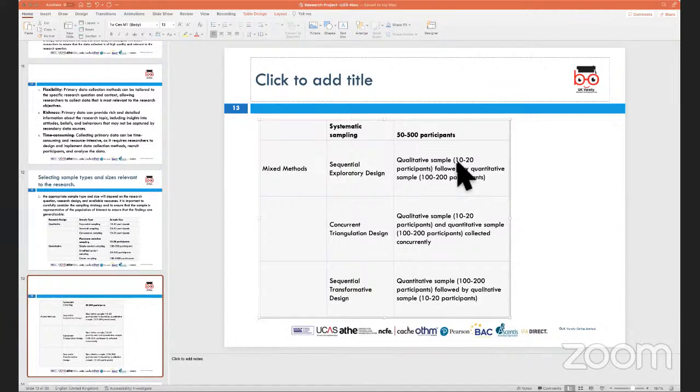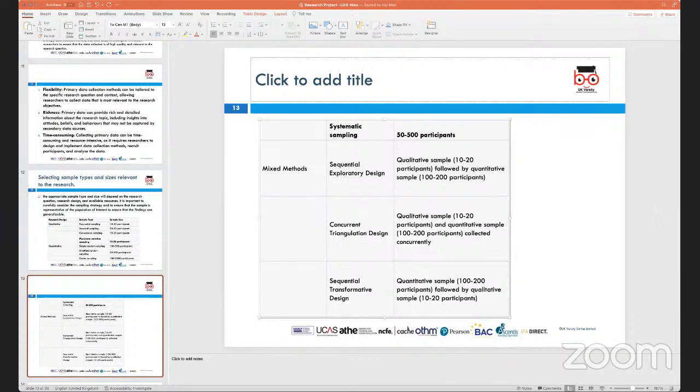That means in order to confirm the findings from data collected from 10 to 20 participants, it will then go into further detail by expanding the sample size. That is where the quantitative sample comes in, to link the data findings obtained from a smaller sample.